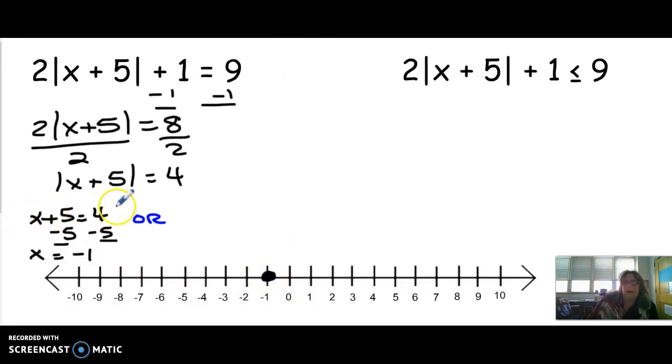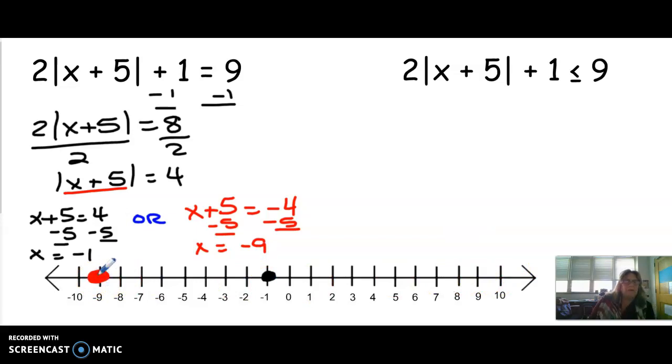For the or part, we're going to take what's inside the absolute value sign and set it equal to the opposite. So we're coming from the opposite direction. The opposite of 4 is -4. Then when we subtract 5 from both sides this time, we get x is equal to -9. So our answers are going to be -1 and -9 because it's an equation. It's equal to.